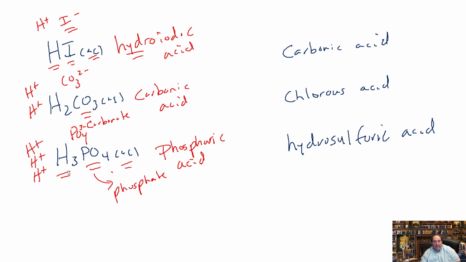Let's now take the formulas and see if we could work our way backwards, and a good way to do this, let's take a look. First off, I do not see hydro, which means this is a polyatomic ion, and that polyatomic ion contains oxygen. I also see ic, which means if I get rid of the ic, I know that came from an ate, which was the polyatomic ion.